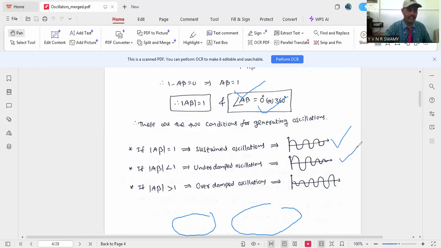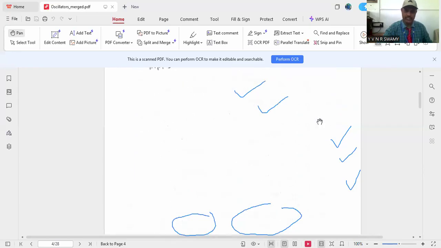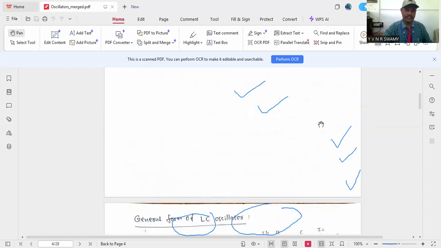These are the underdamped oscillations. If A beta is greater than 1, it will produce overdamped oscillations. So there are three types of oscillations: sustained oscillations, underdamped oscillations, and overdamped oscillations. These are the conditions for producing sustained oscillations.